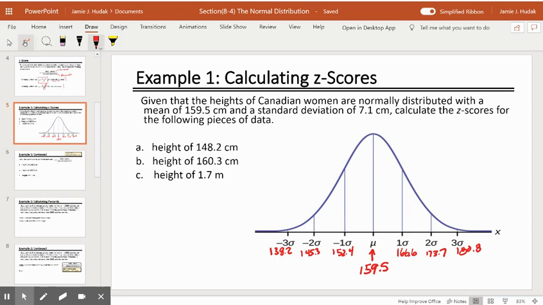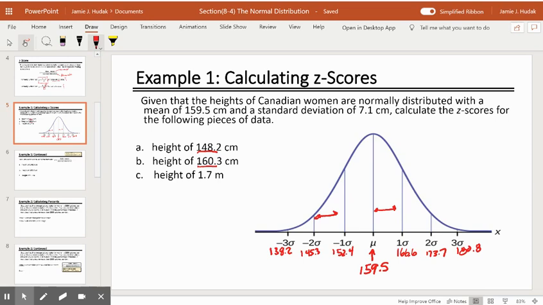So right away, when we're looking at this, the first example, 148.2, we see is going to lie in between 1 and 2 standard deviations to the left of the mean. 160.3 would lie within 1 standard deviation to the right of the mean.